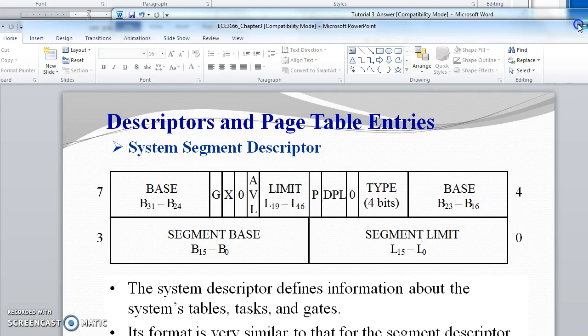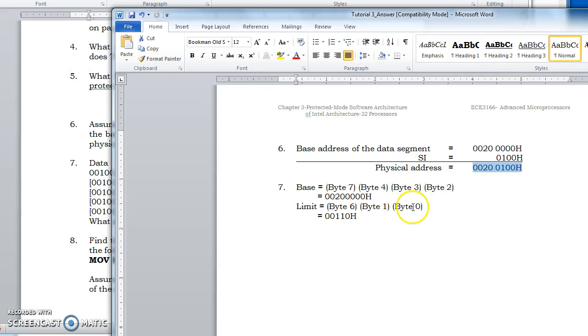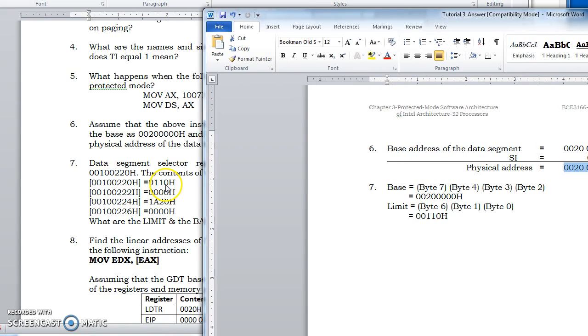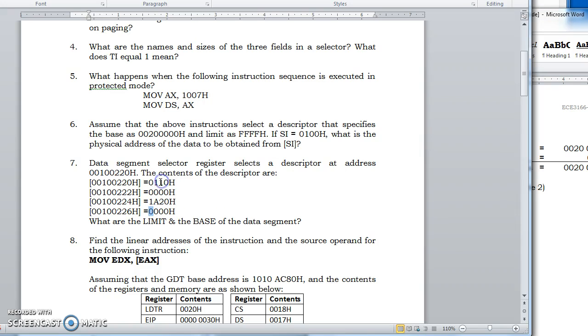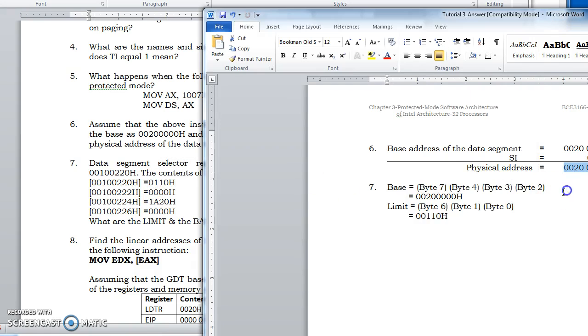So the limit is byte 0, byte 1, byte 6. Byte 0 is 01, byte 1 is 01, so 0101, and then byte 6.